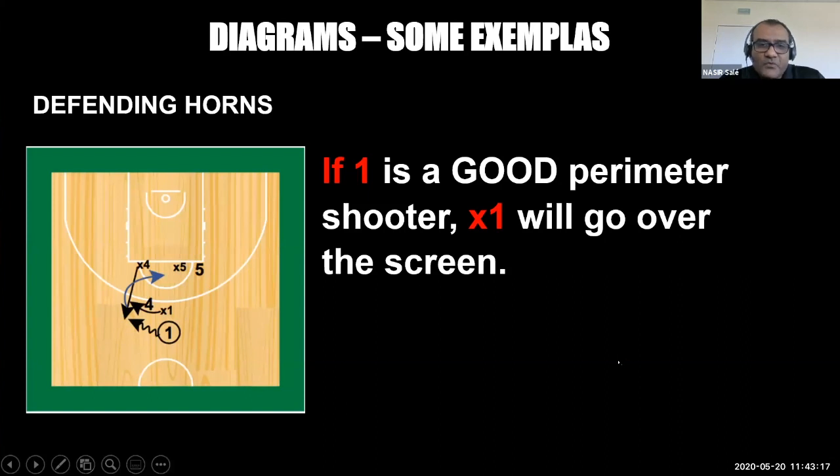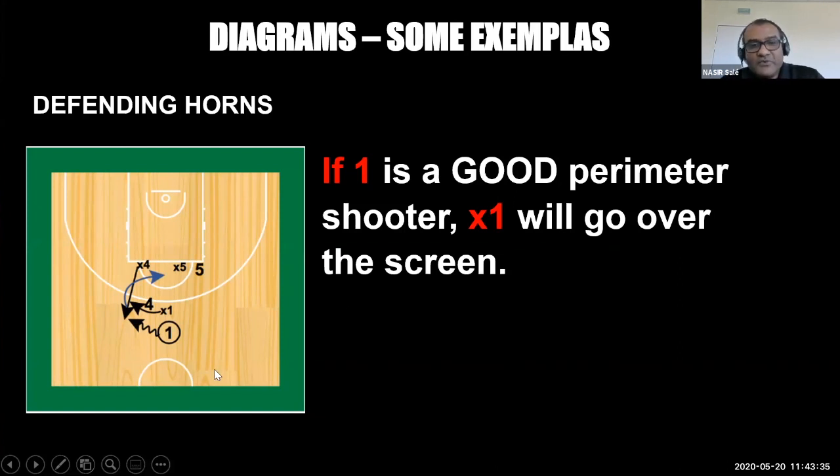Now we play some strategy in defense. In this example, we continue with the horns attacks. If one is a good perimeter shooter, the X1 will go over the screen.